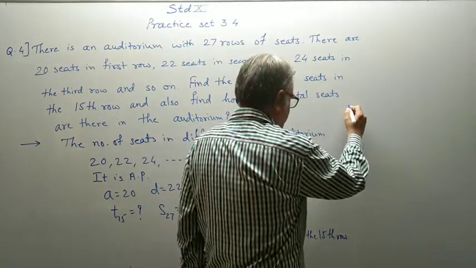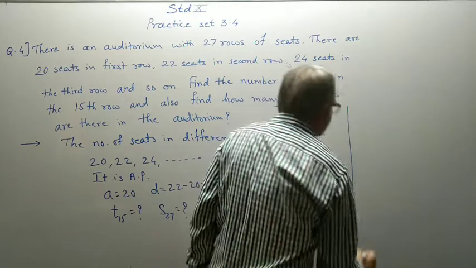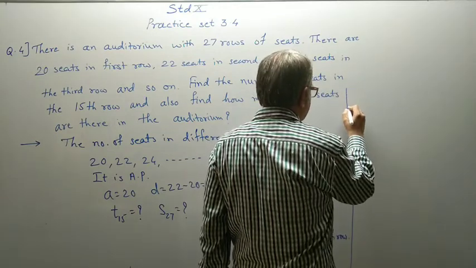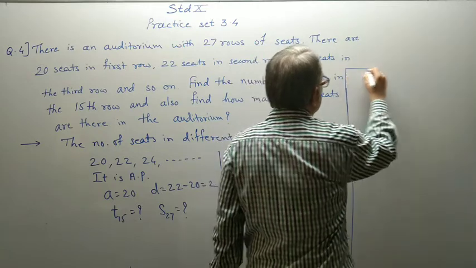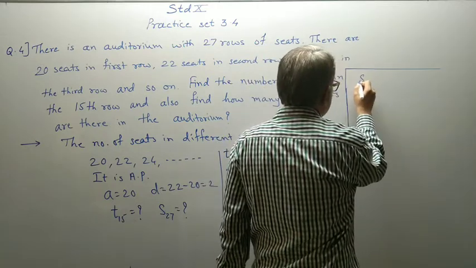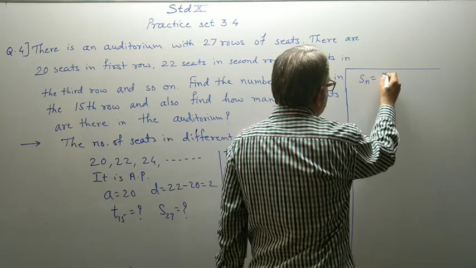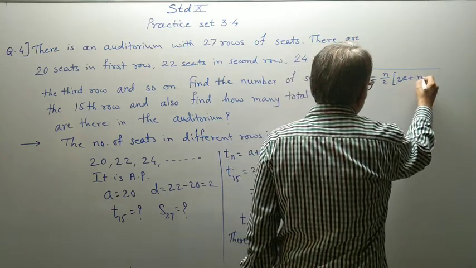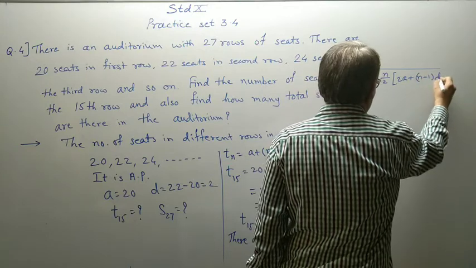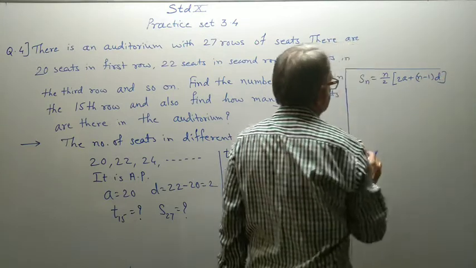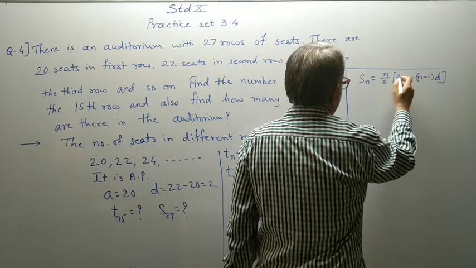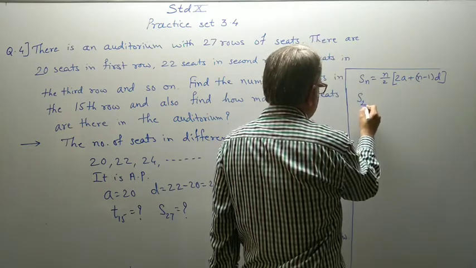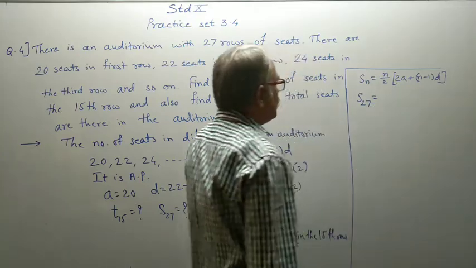One answer is obtained. Now for second answer, total seats, sum of all the seats in all 27 rows. So we have to use Sn formula. Sn is n by 2 bracket 2a plus n minus 1 into d. So S27, why 27?